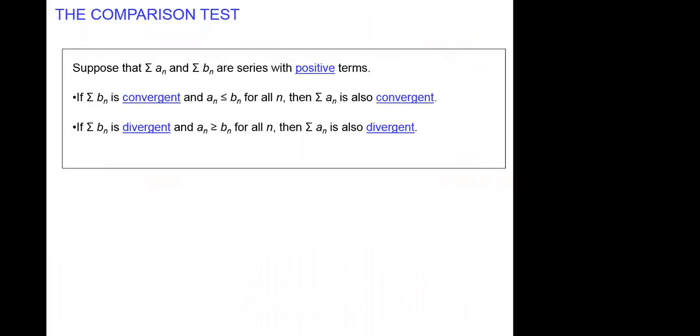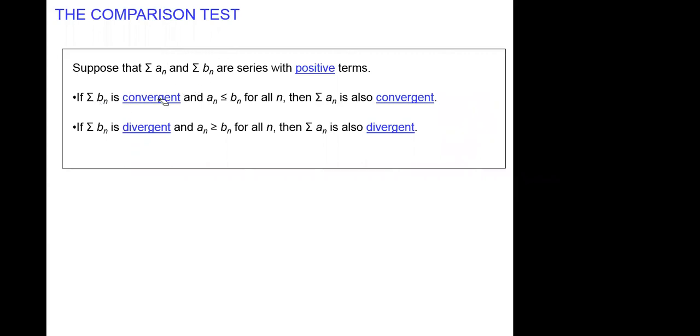Okay, that means this is simply the comparison. I don't even have to prove everything, because we did kind of prove it yesterday for the integral test, and two or three weeks ago in section 7.8 for the improper integral. That means this is just the test. Suppose that the infinite series a sub n and b sub n are series with positive terms. Let's see how we can compare.